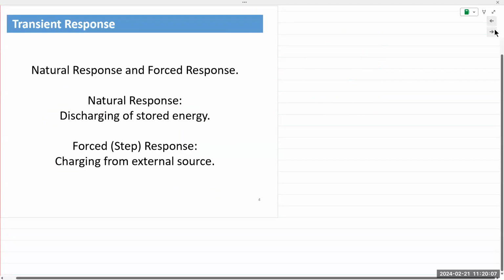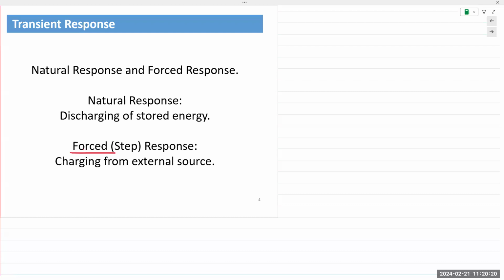Now, transient response is of two kinds, natural and forced. And it's not as sinister as the word indicates. Forced is simply due to the application of an external input, which is all of the circuit analysis that you have done so far. If you connect a source to a circuit, the response in that circuit is referred to as forced.